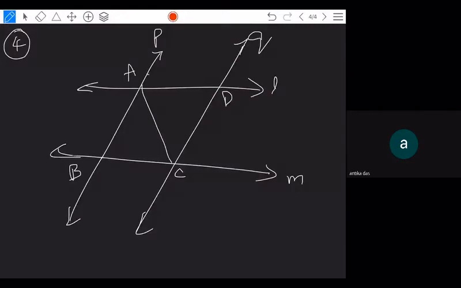This is parallel to this one. This is parallel to this one. Then this becomes ABCD parallelogram. In parallelogram, opposite sides are equal. This is equals to this one. This is equals to this one, and opposite angles are equal. SAS. SAS you can use in this problem.